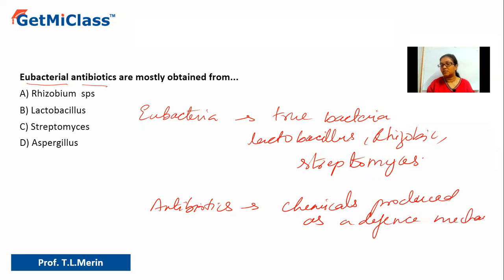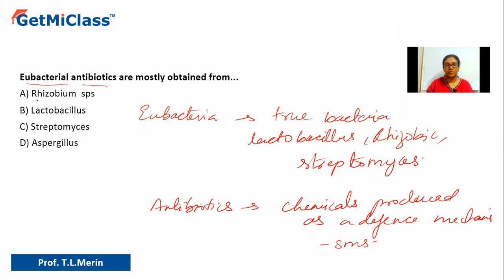These may not be working against all types of organisms. These are specific. Only a certain group of microorganisms can be killed by the antibiotic produced by a certain type of microorganism. So since the question says eubacterial antibiotics, let us see.